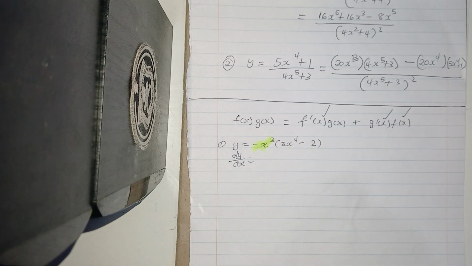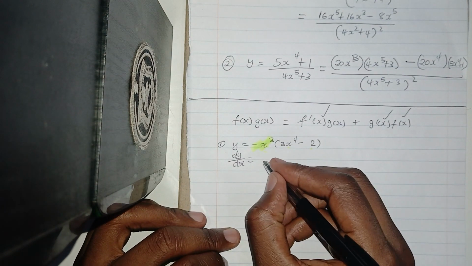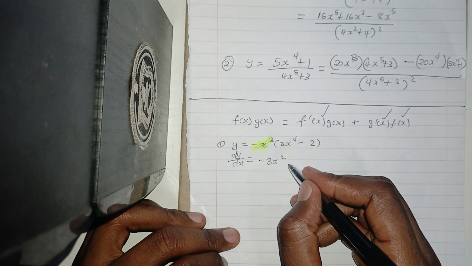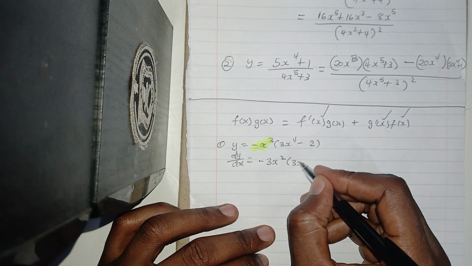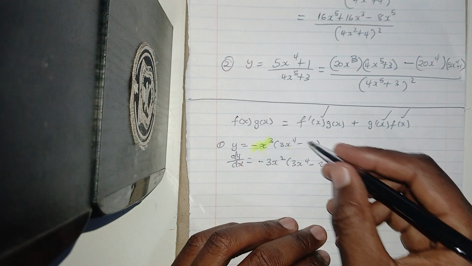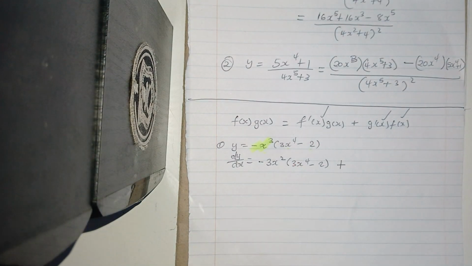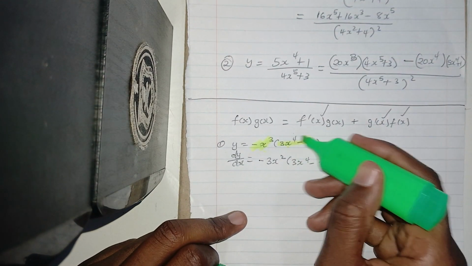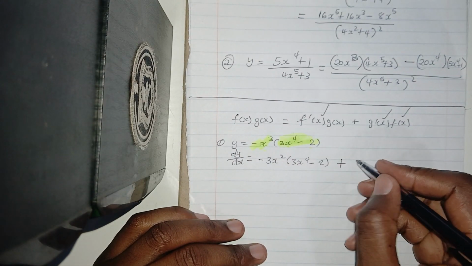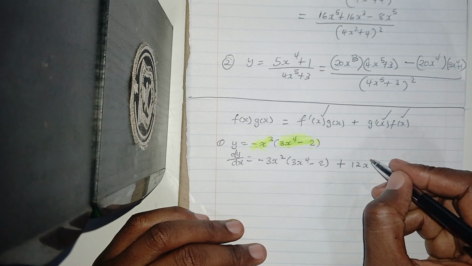Now here, we just have to derive the first one, which is negative 3x to the power 2, multiplied by the original of this, then plus, we're going to have to derive the second one. This one needs to be derived. Then from there, it's going to be 4 times 3 is 12x to the power 3.